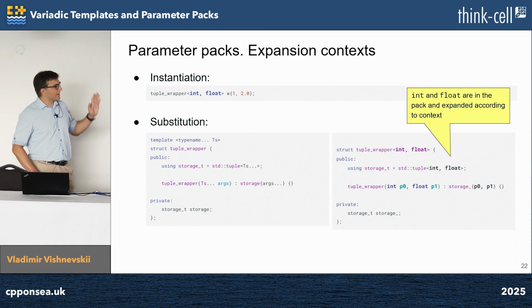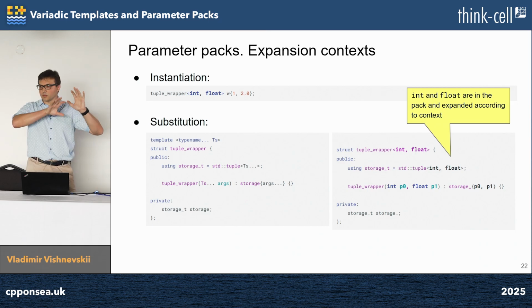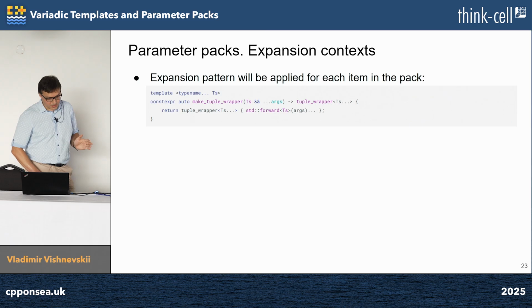It's not necessary that we expand those parameters as is. We can actually apply some operations on them. And here is probably one of the most common examples of applying an operation to the parameter pack, using a forwarding reference with forward.